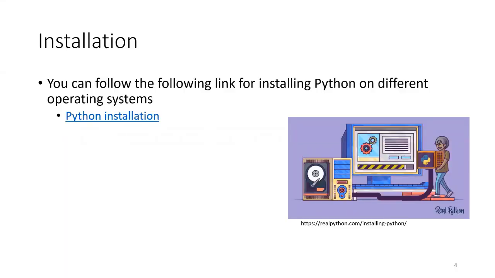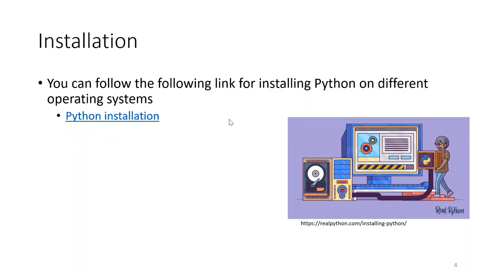In order to install Python, you need to follow the link that I have put here. It offers different installation files depending on the kind of computer that you have, the operating system, etc. So you should just download the file and follow the steps for the installation.